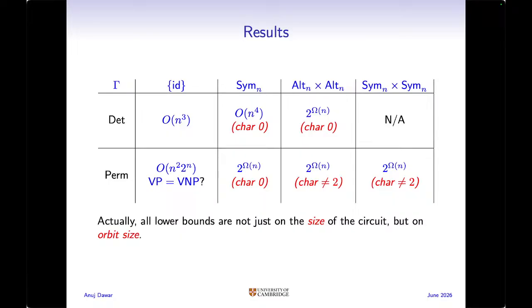I say the lower bounds here are not just on the size of the circuit, but on orbit size. What do I mean? Really what we're proving at each point is not just that the size of the circuit is big. We get that by showing that there is a gate in the circuit whose orbit under the action of this group is of exponential size, and therefore the size of the circuit must be big.